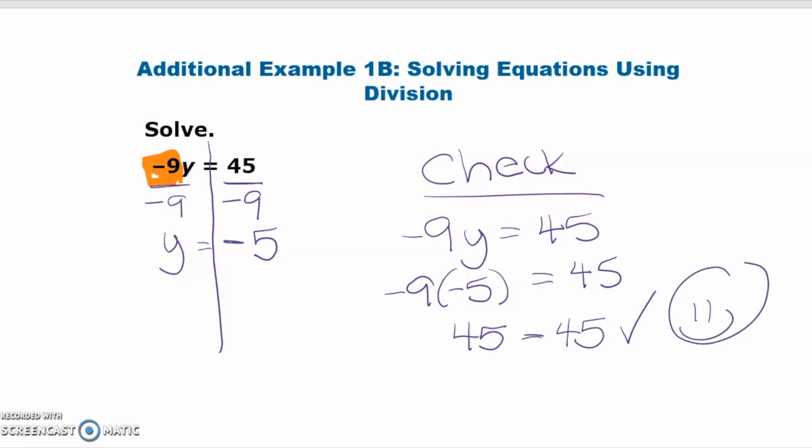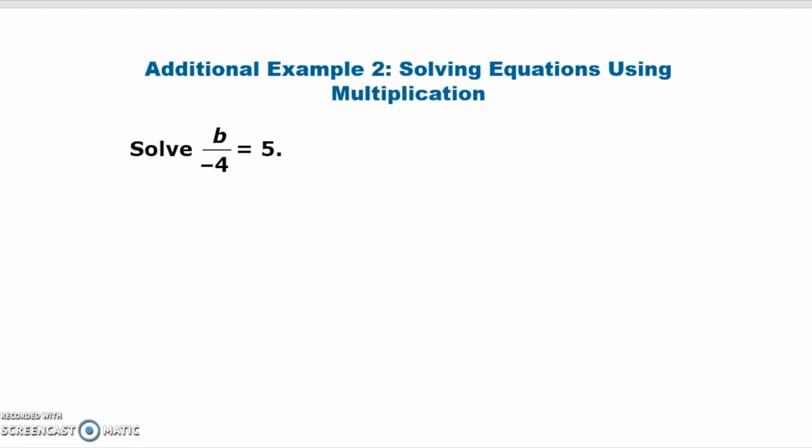All right, this next one is going to be division. So again, that symbol's division, I'm going to write it over here because the word solve is just kind of getting in my way, and it's a little bit irritating. So I have b divided by negative 4 equals 5. Okay. So I see division.